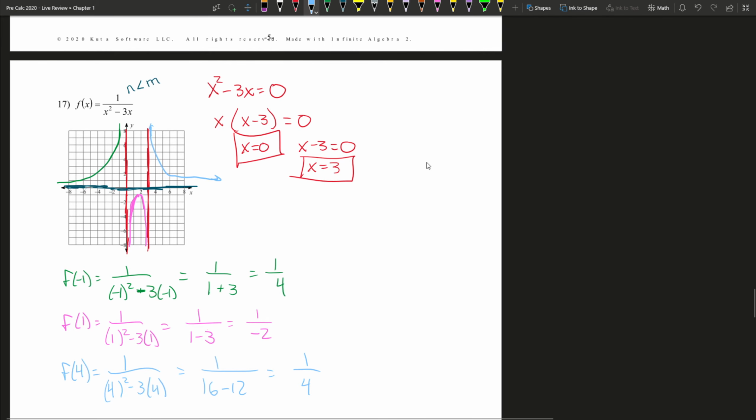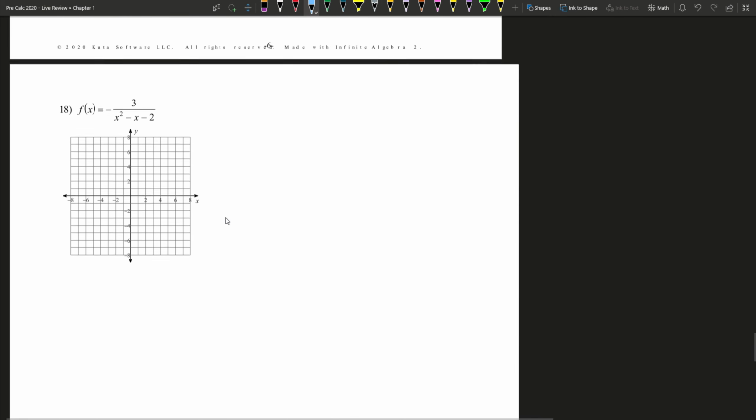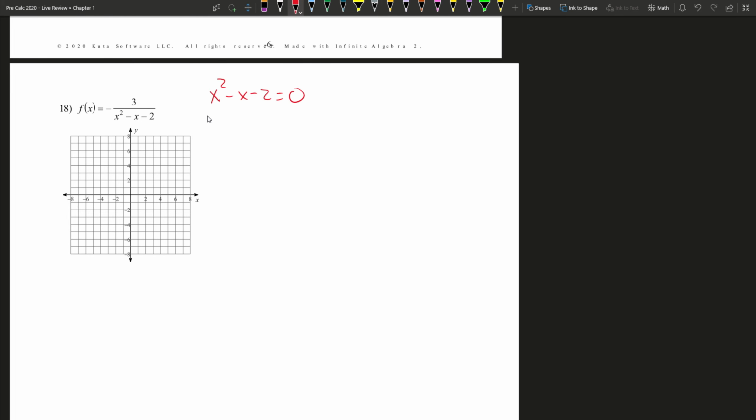All right, on to 18. Again, kind of the same idea. You take your denominator and set it equal to 0. We can factor this, and we have 2 asymptotes: -1 and +2.